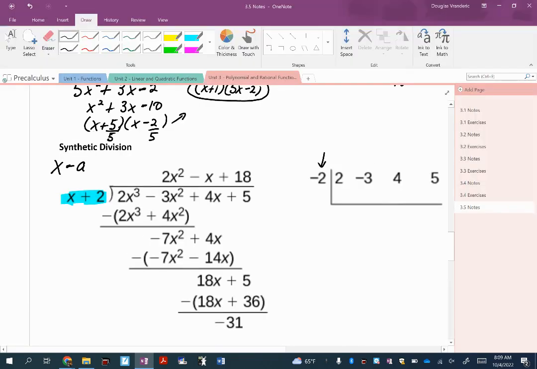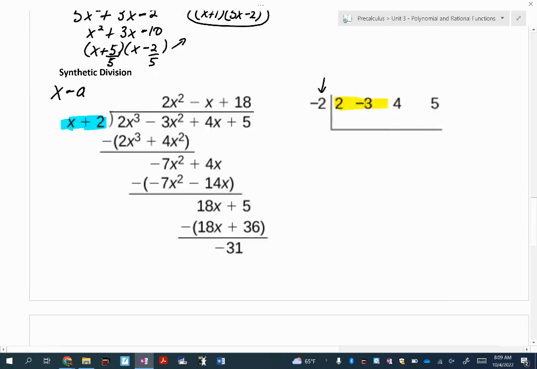These numbers here are the coefficients from your dividend. So you got your 2, your negative 3, your positive 4, and your positive 5. Notice it doesn't have any things missing, so I don't need any placeholders. If you do miss any, you need to put a 0 as a placeholder.